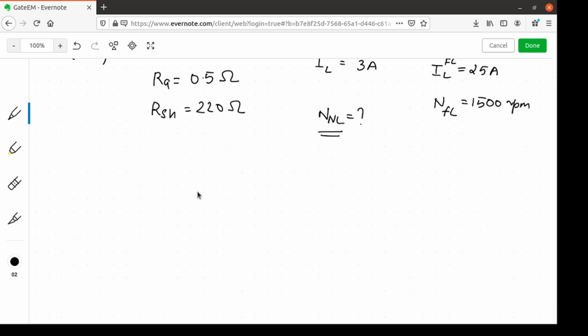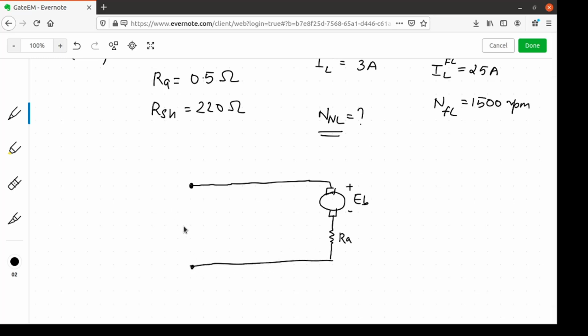Let me first draw the circuit of a DC shunt motor just for your reference. So we have the armature here, and then the armature resistance Ra. So the back EMF will be developed here.